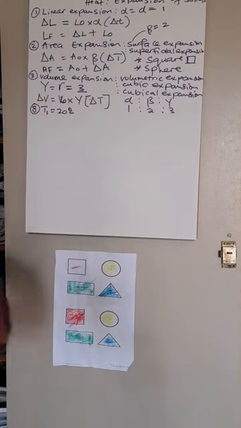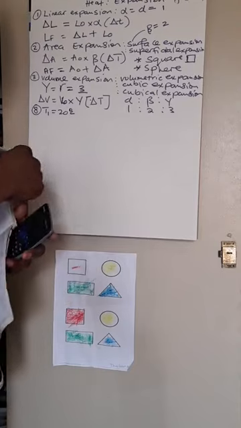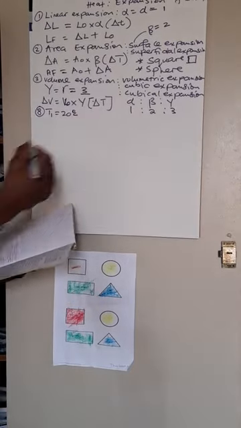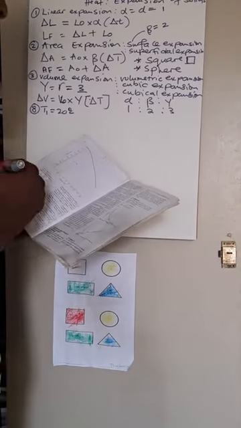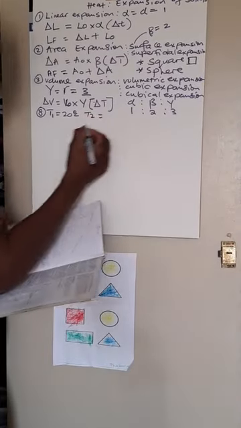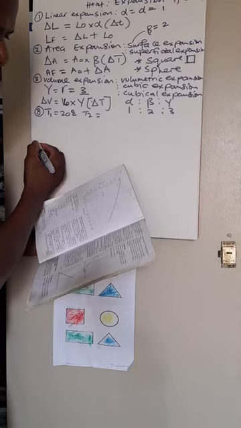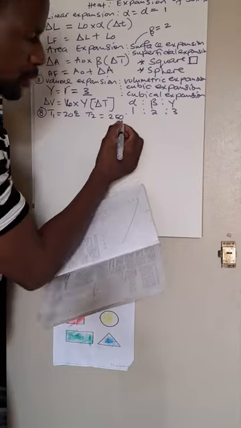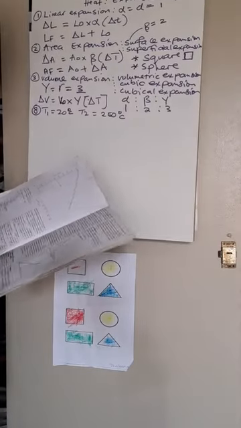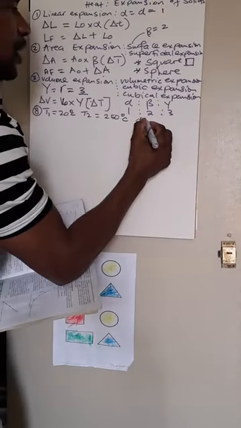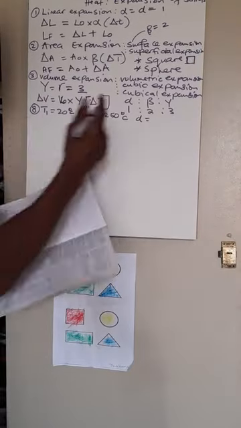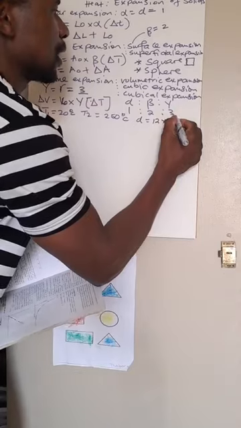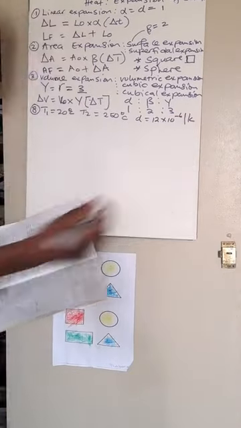You can change it to Kelvin if you want, but you are not compelled. As long as under expansion you do what you want, but if you want, you can change it to Kelvin. Then T2 is given as 250 degrees Celsius, and our linear expansion is given as 12 times 10 raised to the power of negative 6 per Kelvin.